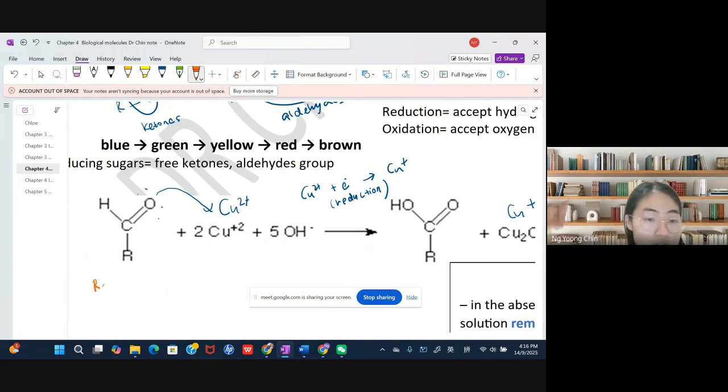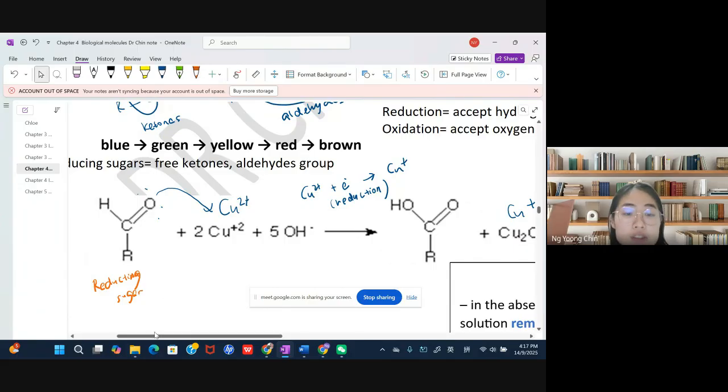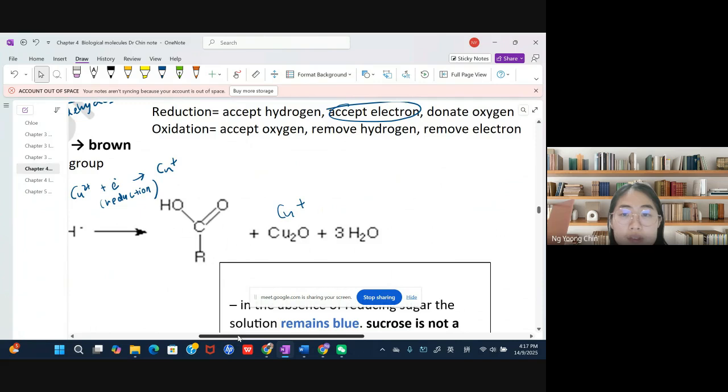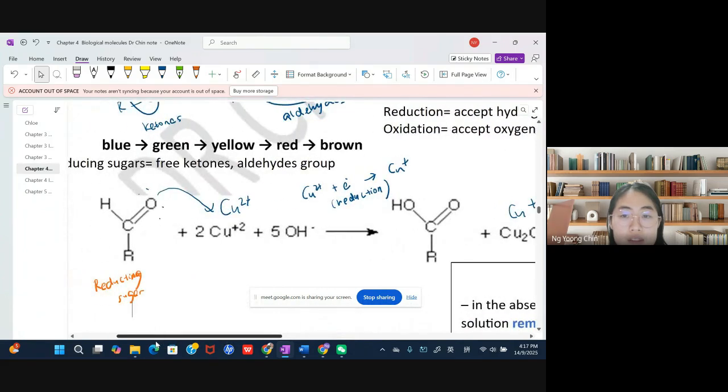Reducing sugar can reduce others. How they can reduce others means that they can cause others to undergo reduction, but itself will undergo oxidation.